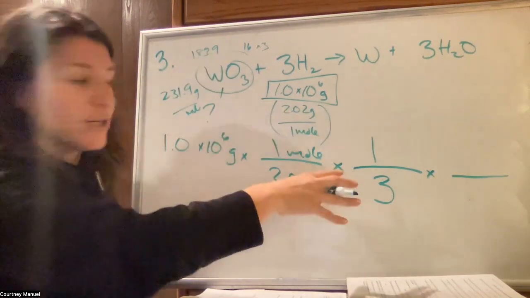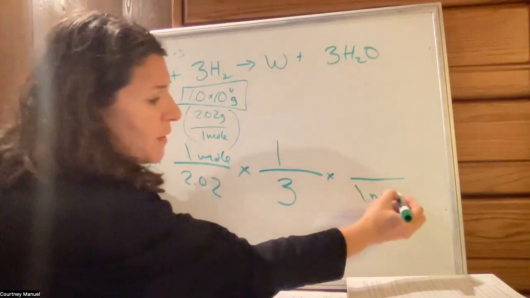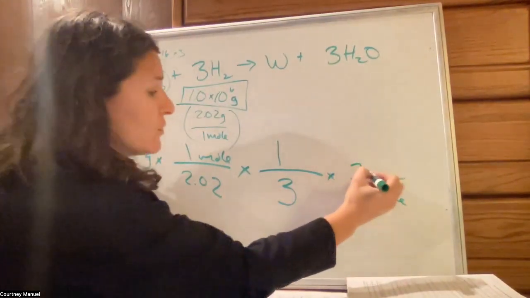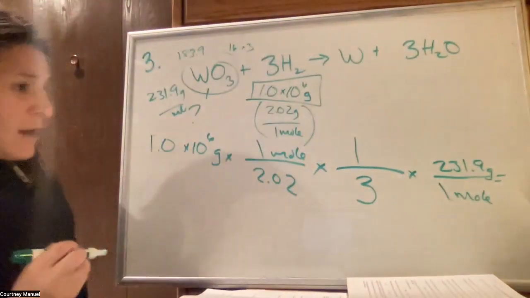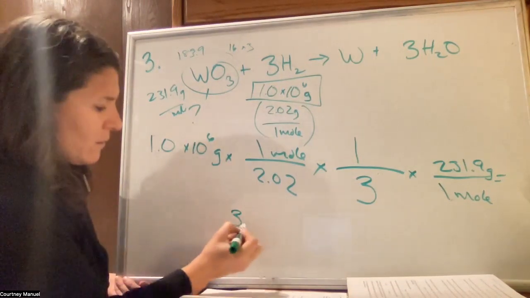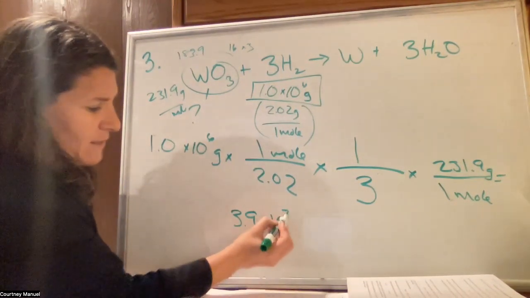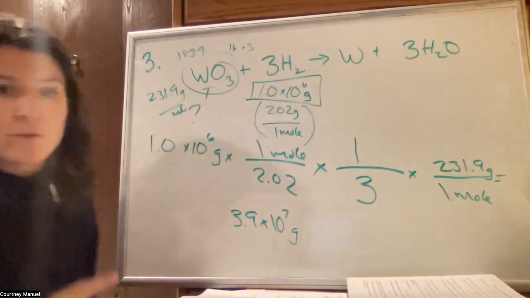And now we can put it into our equation at the end here. So we're in moles, so we're going to put our mole on the bottom, and we're going to put our 231.9 grams on top. And then we get our answer, which is 3.9 times 10 to the 7th grams of our WO3.